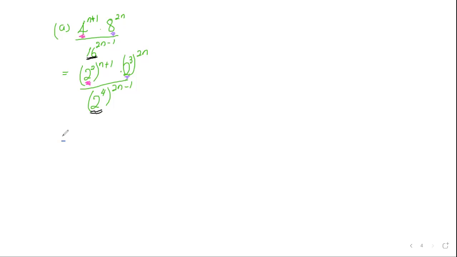This becomes 2. We multiply here to remove the bracket. We multiply there. We multiply here to 8n minus 4.